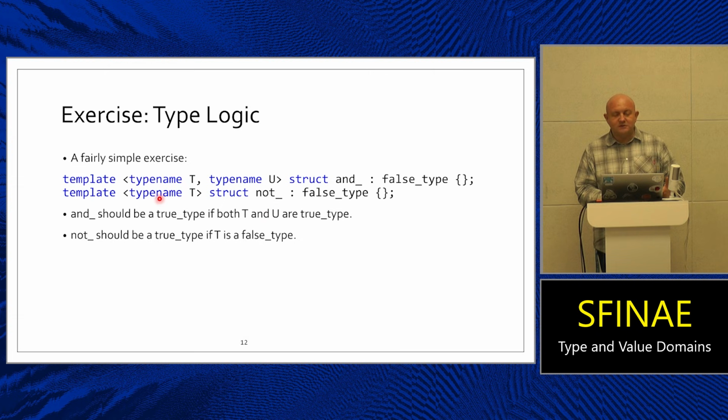And NOT for any T is false, and NOT is true for false_type. So think for a moment, how could we implement this using partial specialization? You may pause the video here as well, or you may not even write it down. Just imagine how you would do it.